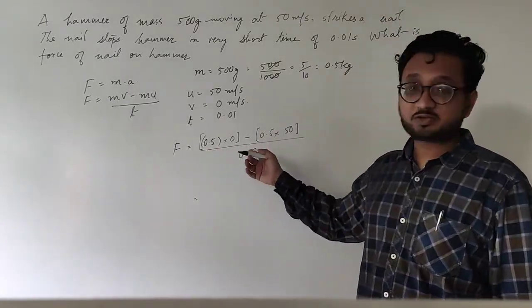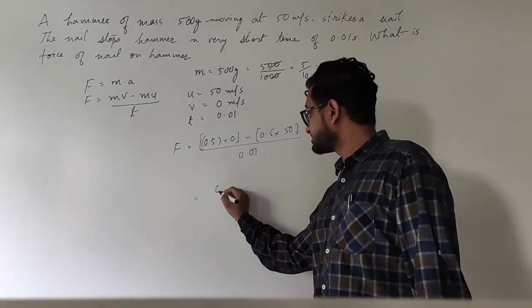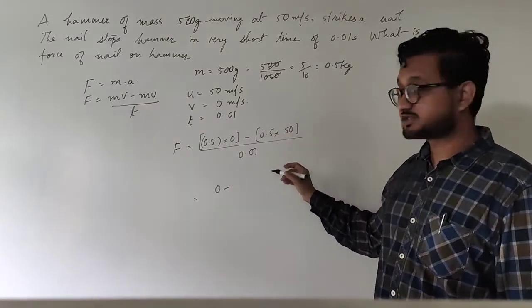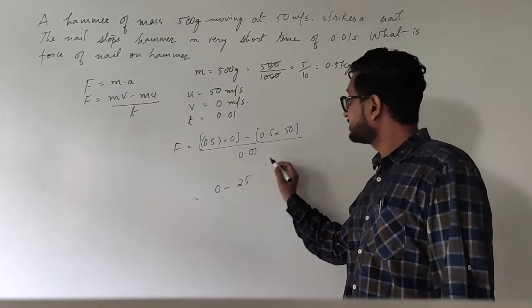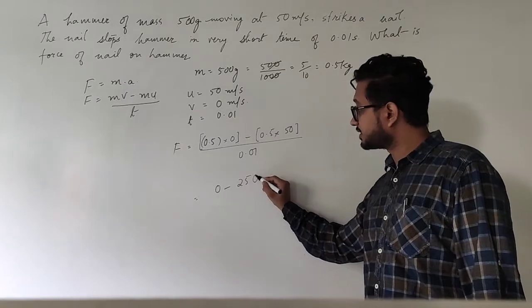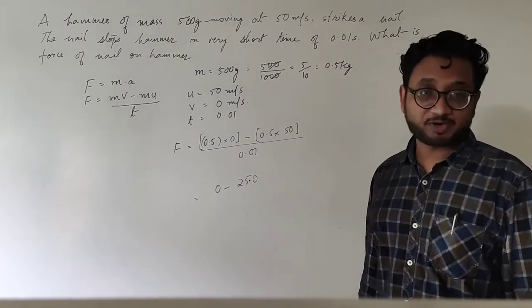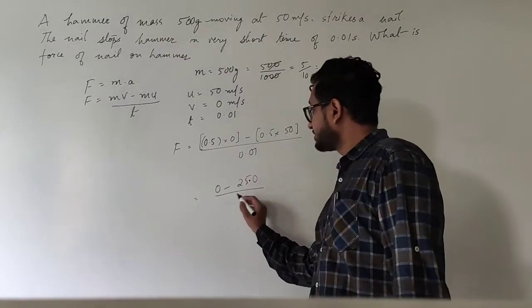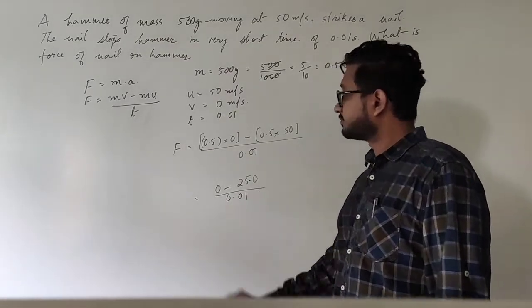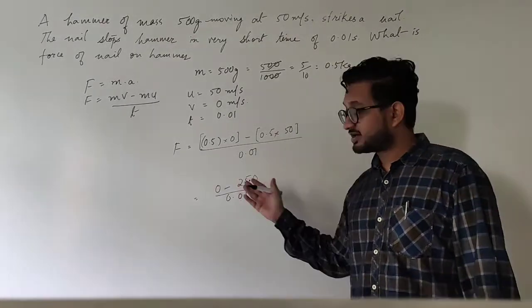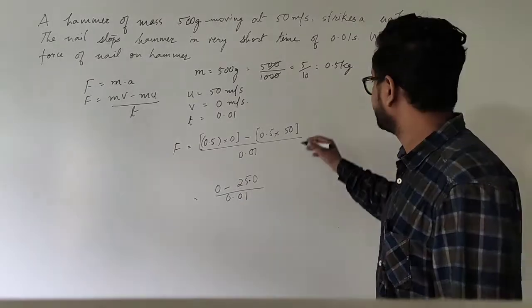This will become 0 into any number is 0, so this will become 0, minus 25, okay, so we get minus 25 upon 0.01.